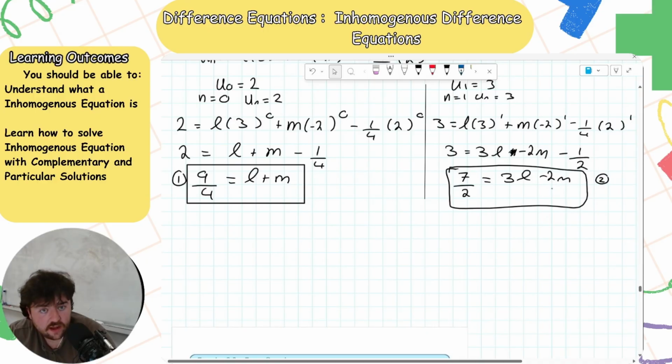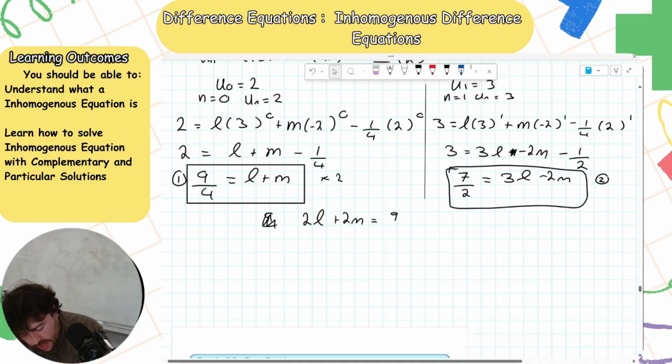I can see here my M's are already opposite signs. So I'm going to multiply the first equation by 2. It's going to be 2L plus 2M equals 9 over 2, and 3L minus 2M equals 7 over 2. So it's going to be 5L equals 9 over 2 plus 7 over 2, which is 8, isn't it?